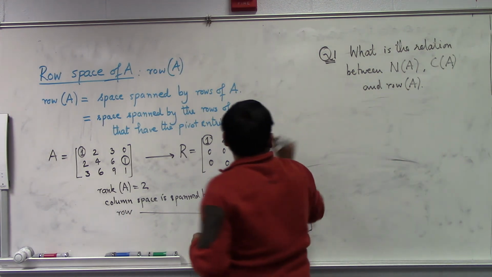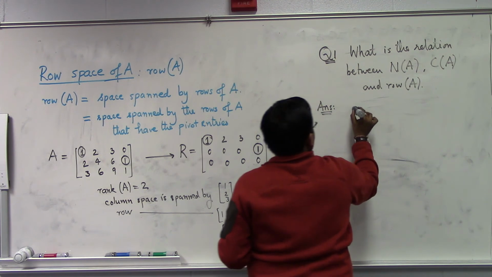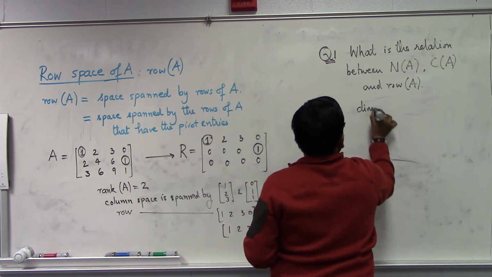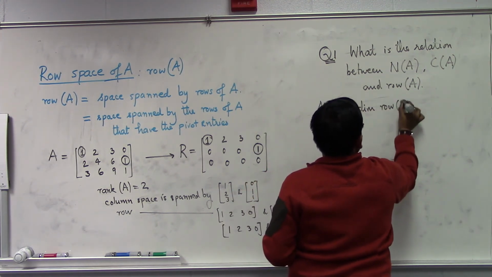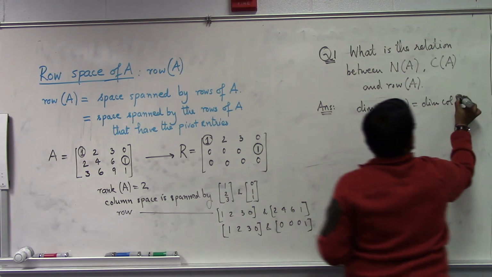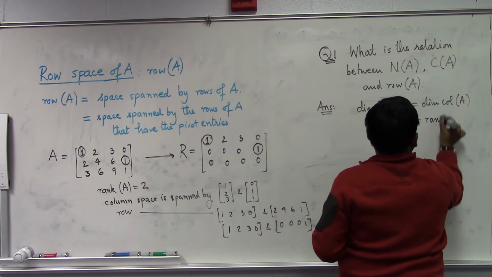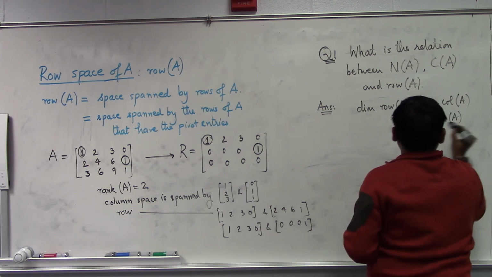Some obvious facts which should be clear by now are that the dimension of the row space of A and the dimension of the column space of A must be the same and must be equal to the rank of A.